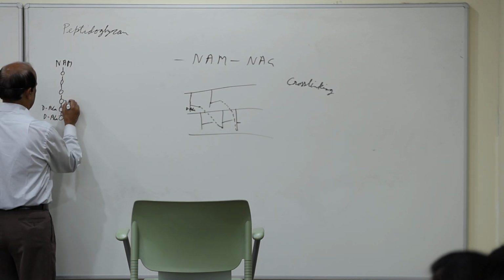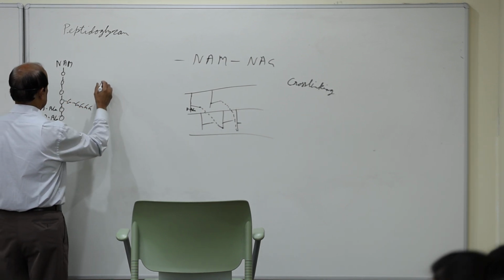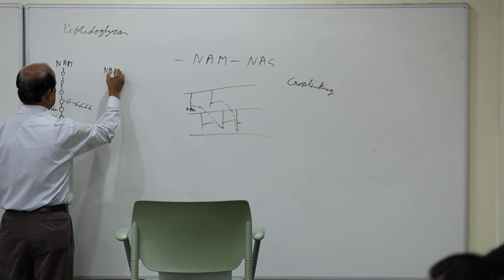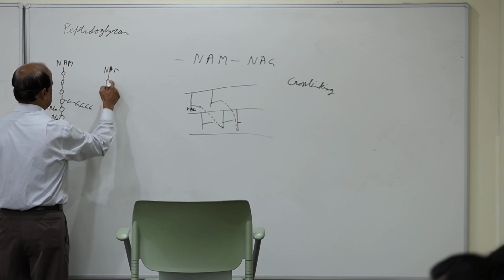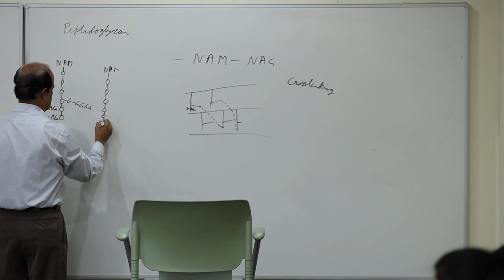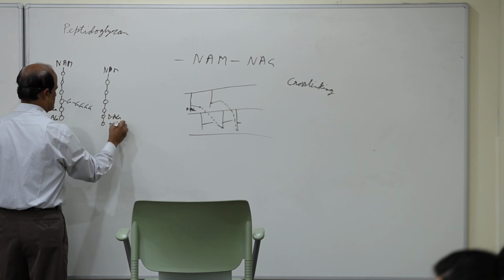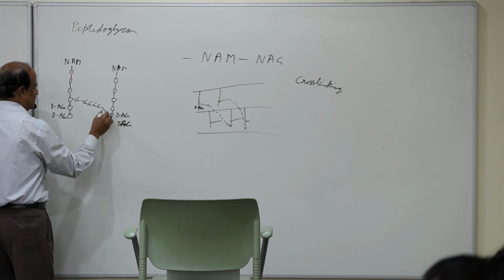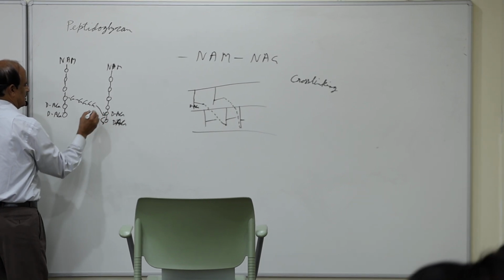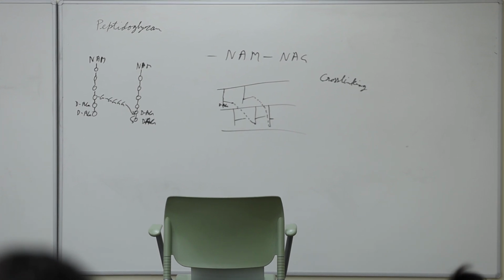So this will have a glycine, glycine, glycine, glycine, and then it links to the next one in the next chain. 1, 2, 3, 4, 5. So here is a D-alanine and a D-alanine. So when this glycine forms a bond with this one, this bond breaks and the D-alanine is released.